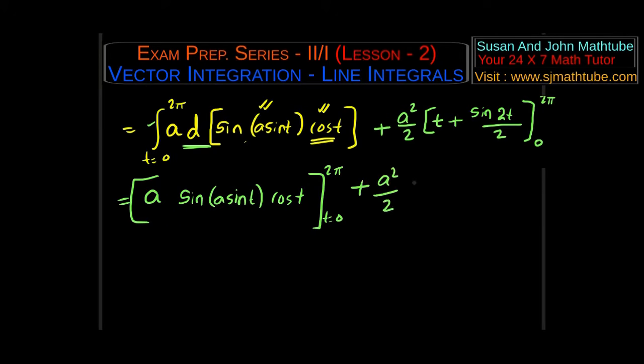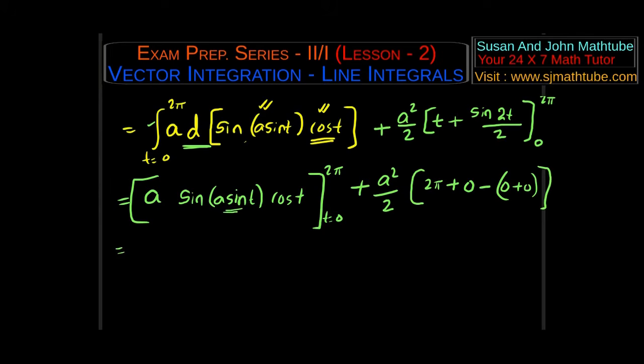Now we plug in the upper limit, that will be 2 pi, plus when you plug in it will be sine 4 pi, and for 0 sine 0, so that is going to be 0. Now let's plug in 2 pi here.